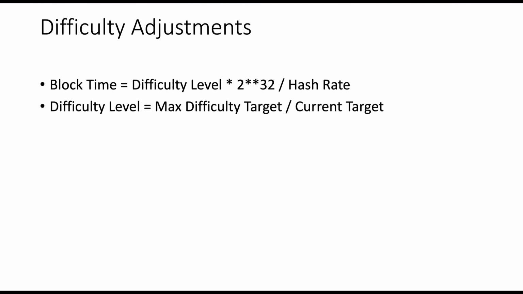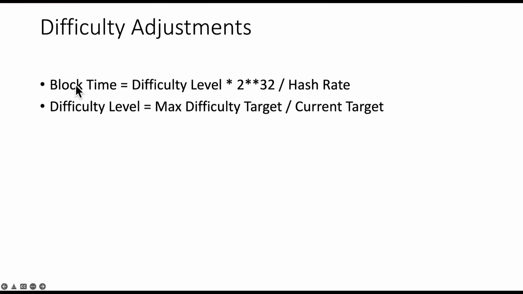Now let's do the math to see how exactly we adjust mining difficulty. This is how Bitcoin calculates its mining difficulty. And different blockchains might show you different ways to calculate in their white papers, but they're basically the same. So let's check this as an example.